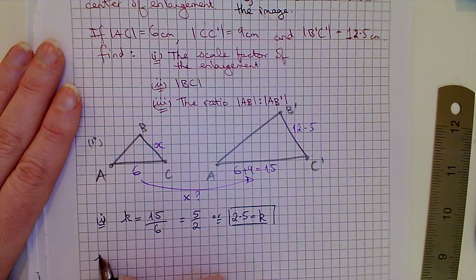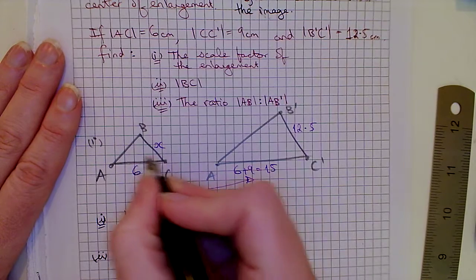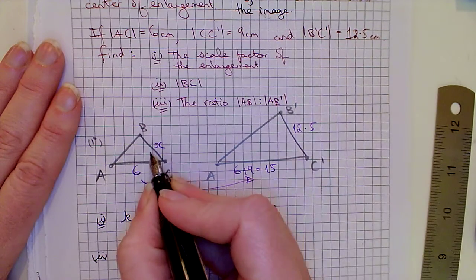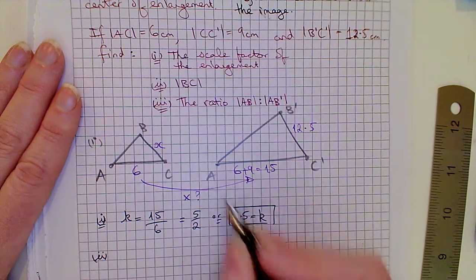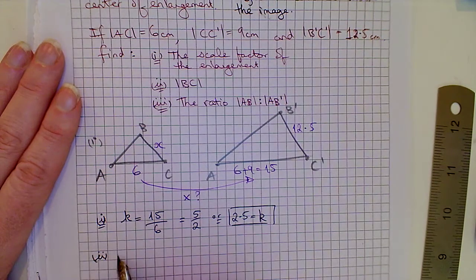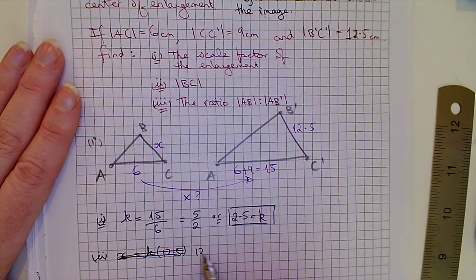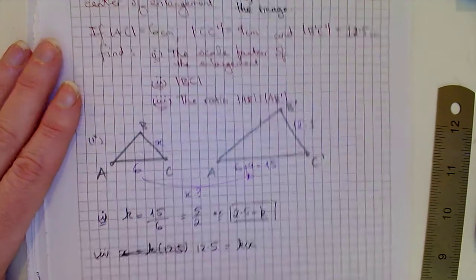The second thing I'm asked then is to find BC. What did I multiply by 2.5 to get to 12.5? So 12.5 is k times x. I multiplied that by that.